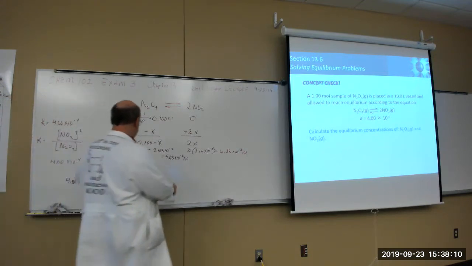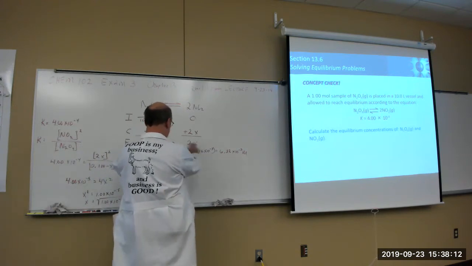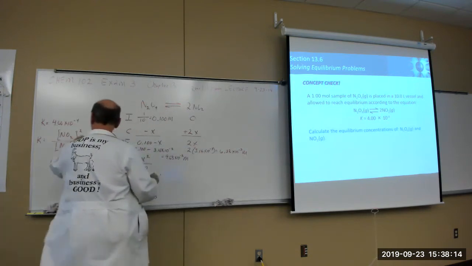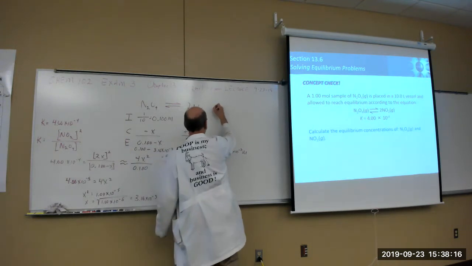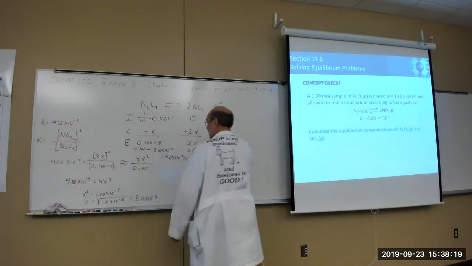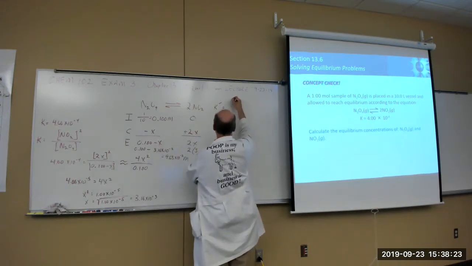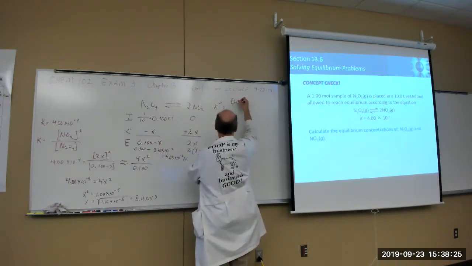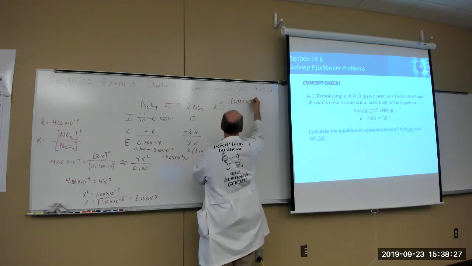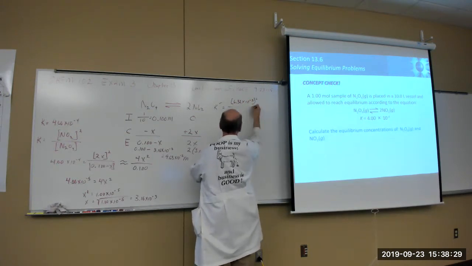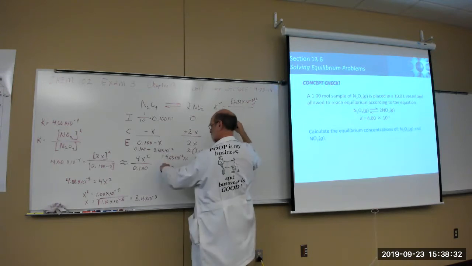So let's plug these equilibrium concentrations into this expression and see what it comes up with. So NO2 is this one squared, divided by this one.